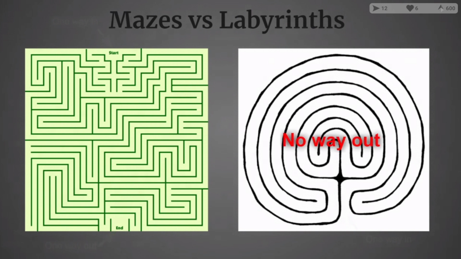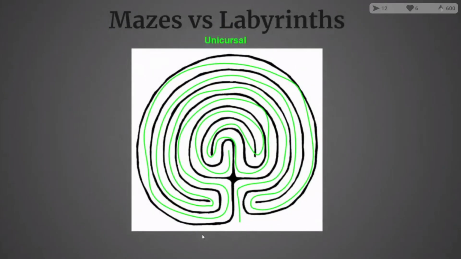The only way you can leave a labyrinth is to go back the way you came. Additionally, a maze has many dead ends, but a labyrinth only has one. Also, labyrinths are what is called unicursal, meaning there are no decisions. There is only one way to go.